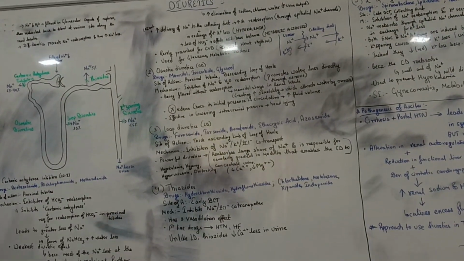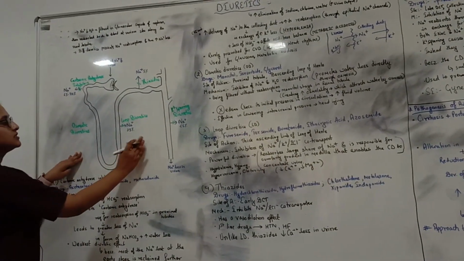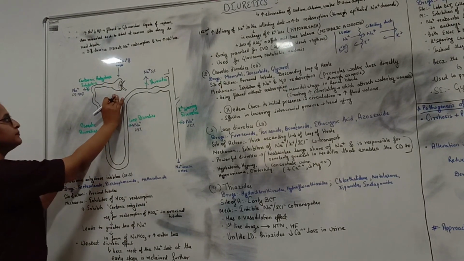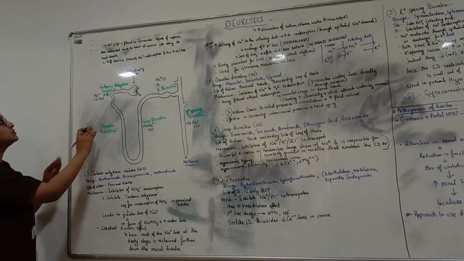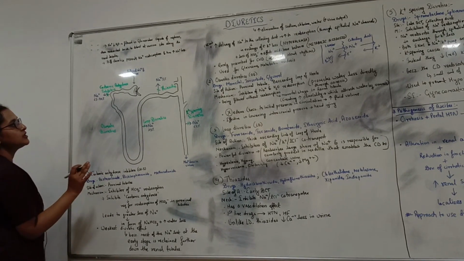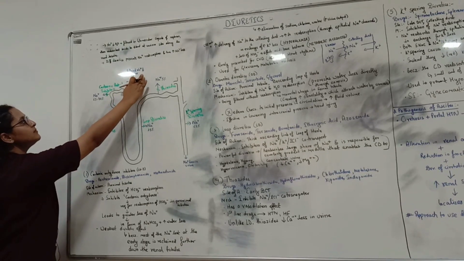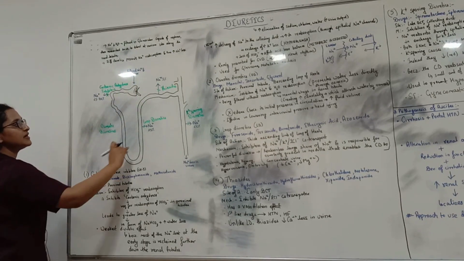So this is the nephron, the filtering unit of the kidney. Here, this is the glomerulus, and filtered sodium and water go through the renal tubules.